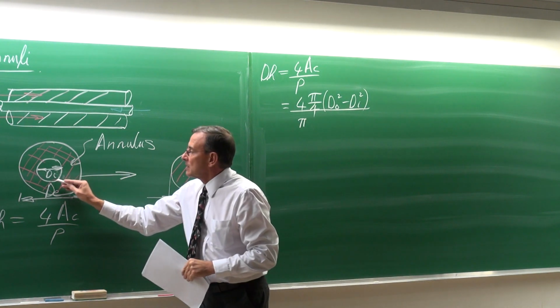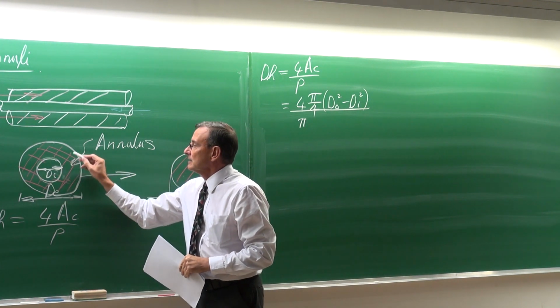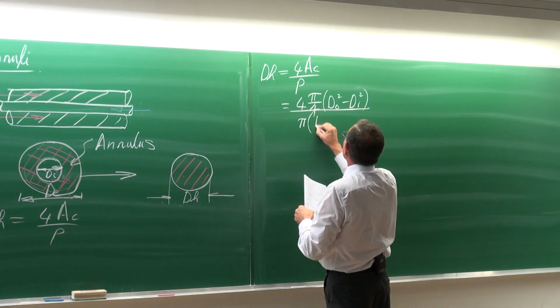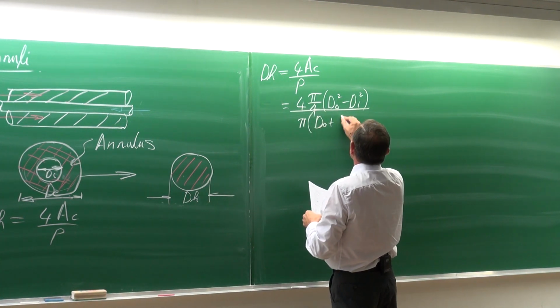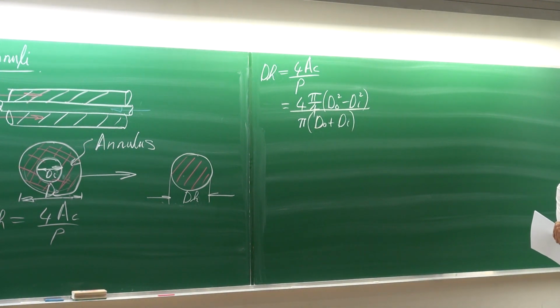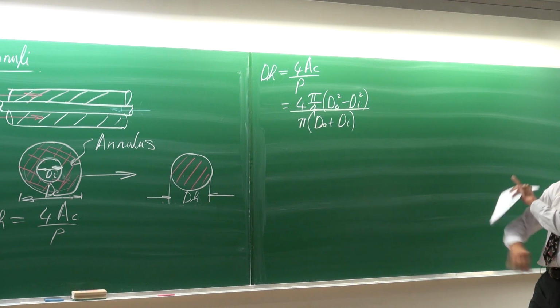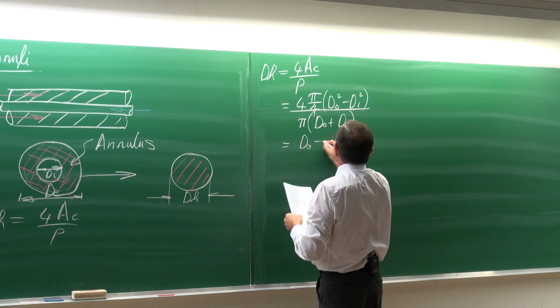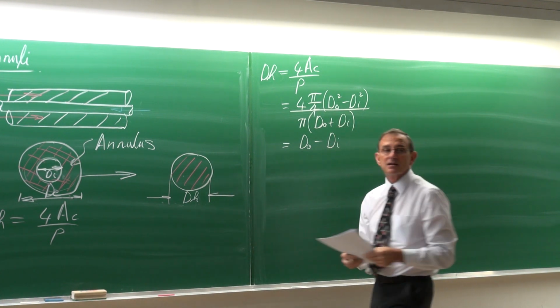The wetted perimeter will be this area here plus that area there, so it is pi multiplied by (D0 plus Di), the outside plus the inside diameter. And the result is that it is equal to the outside diameter minus the inside diameter.